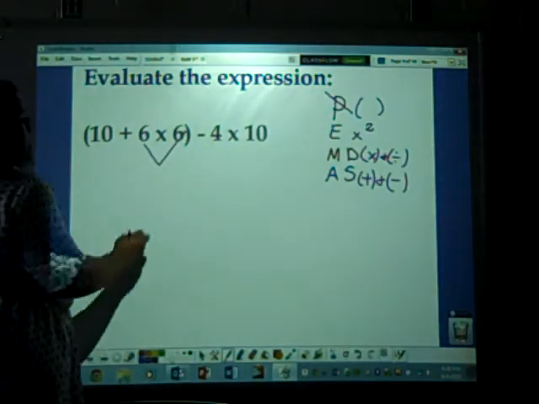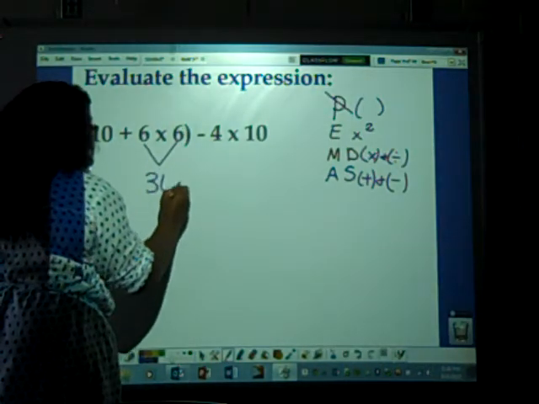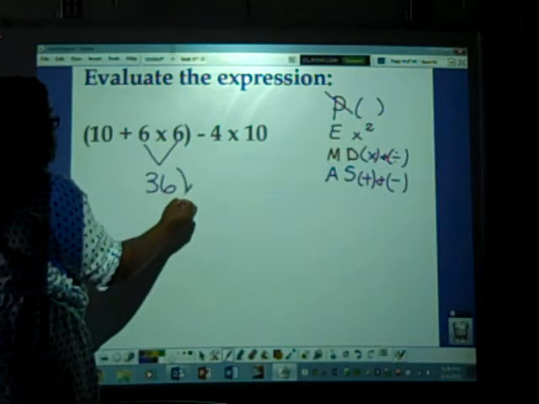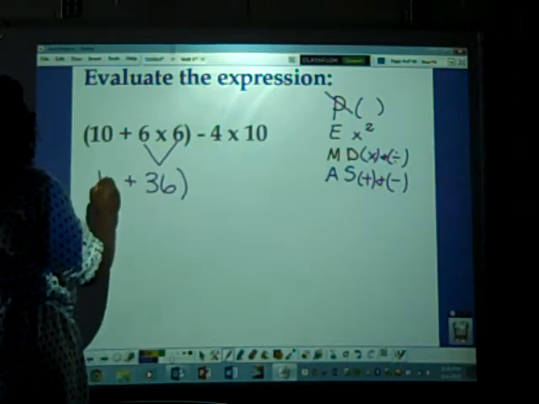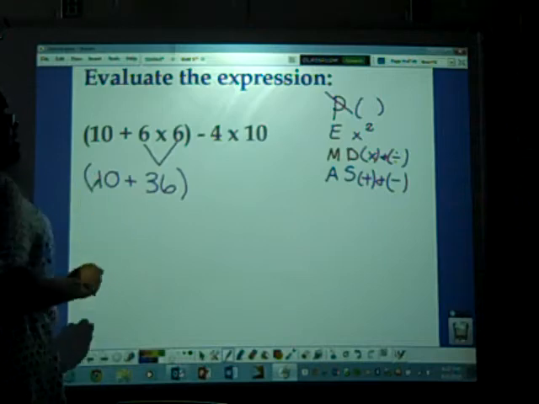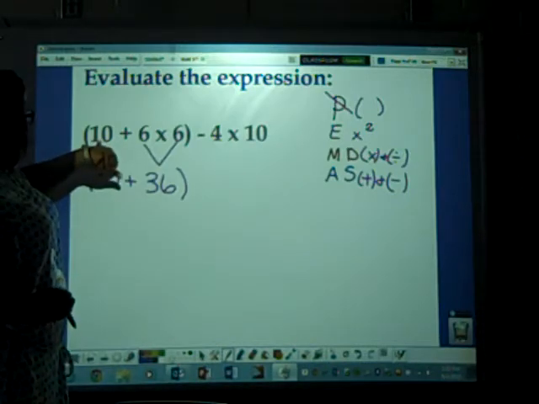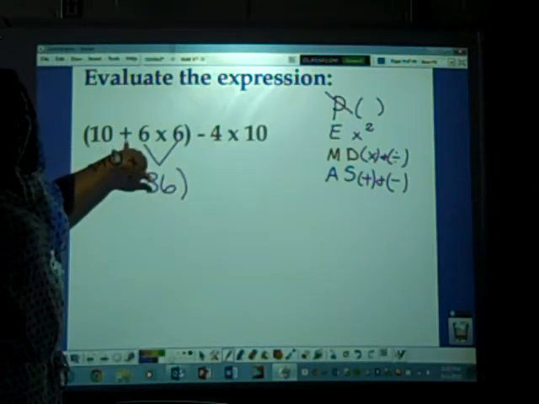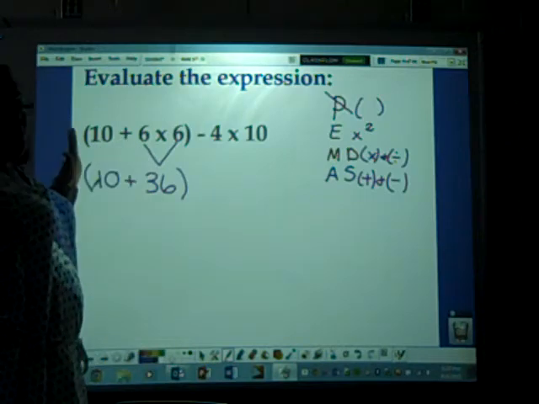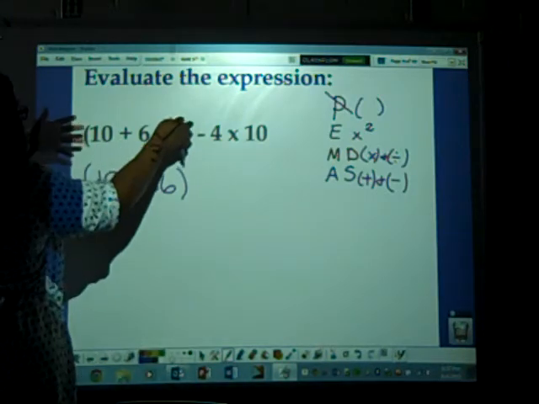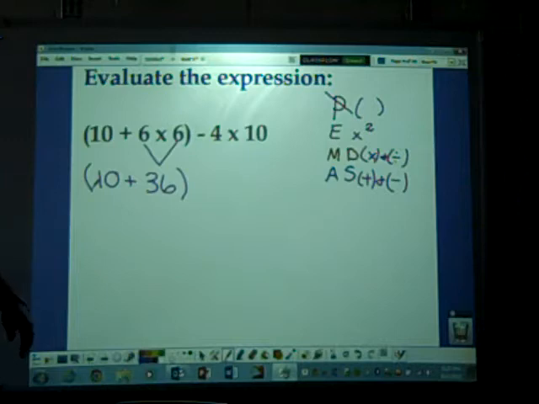So 6 times 6 equals 36. I'm going to bring down my parentheses because I still have the 10 and the addition sign in there that I did nothing with. I have to finish evaluating what's inside here.